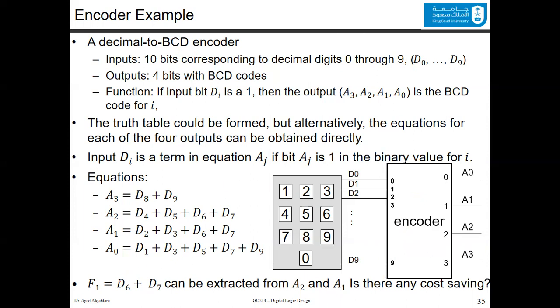If you said that you noticed we have common terms, D6 or D7, that could be extracted from A2 and A1 for some cost reduction, then the answer is no, because we already used a previously designed encoder.